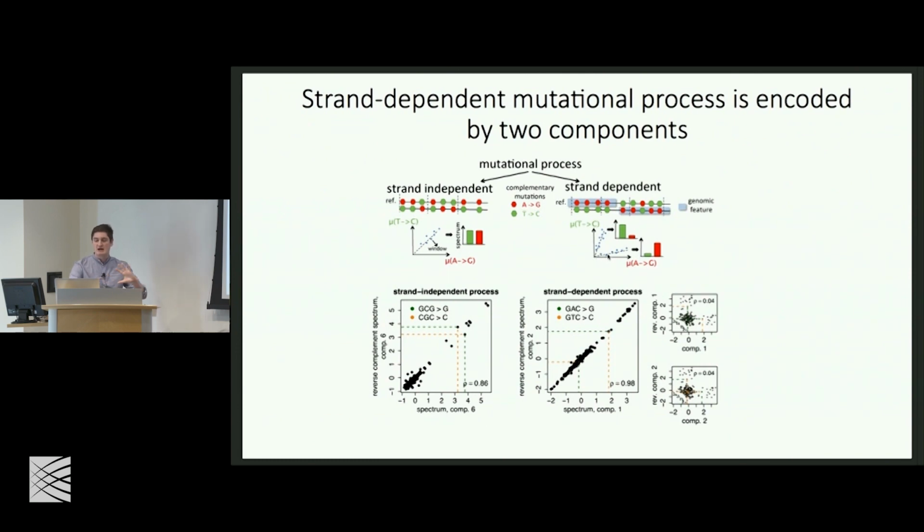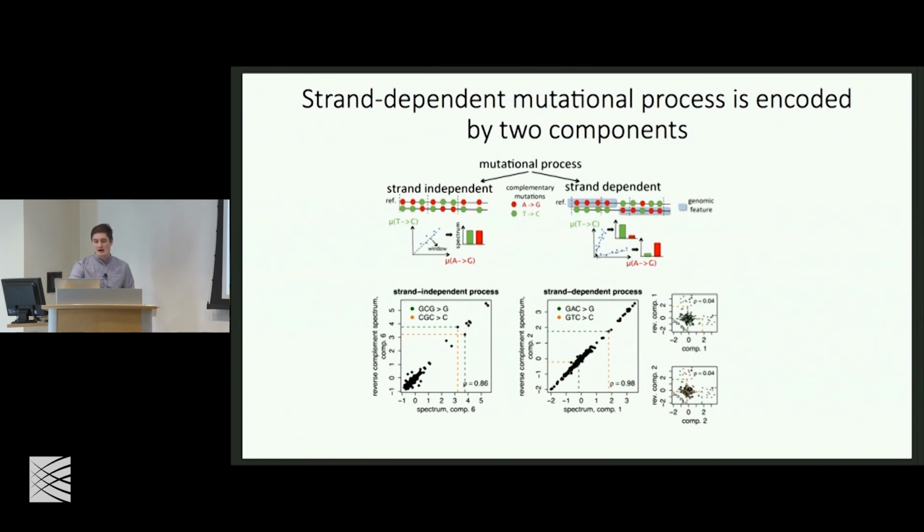They have many more A to G compared to T to C mutations. On the other hand, if we consider windows where the gene resides on the non-transcribed strand, then we expect that these windows have many more T to C mutations compared to A to G, and we expect these windows lie along this ray. And the overall number of mutations reflects just the overall activity of this process in this window.